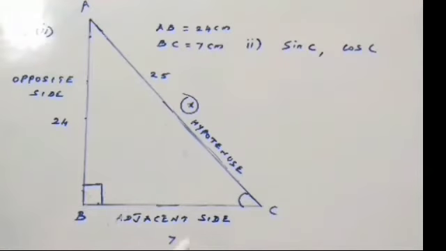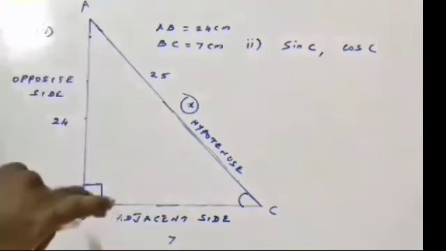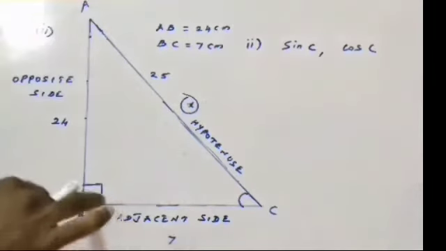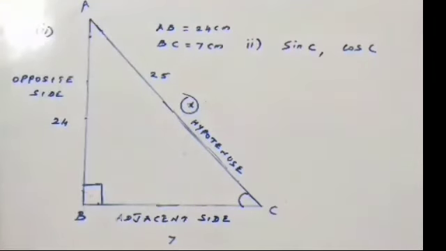Always remember, the distance between angle and right angle is called adjacent side. The vertical portion, that is right angle at B, AB is opposite side. The slant portion is hypotenuse side.